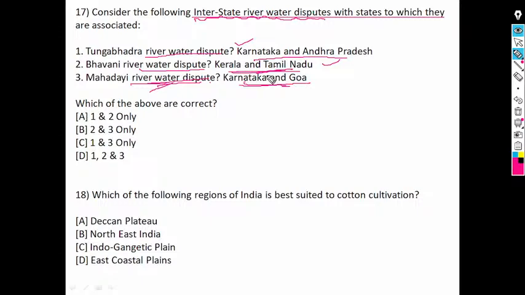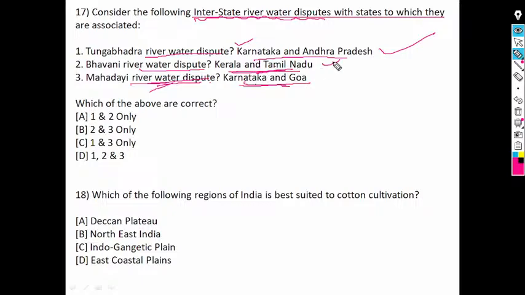Bhavani river water dispute between the... actually this is Tungabhadra river between Karnataka and Andhra Pradesh, this is correct. Bhavani water dispute Kerala Tamil Nadu, no, this is Kerala and Karnataka.